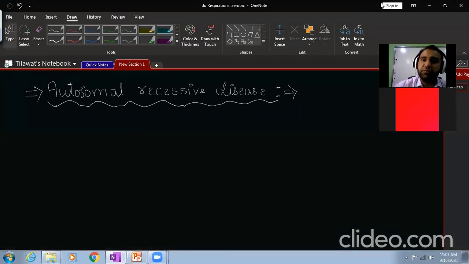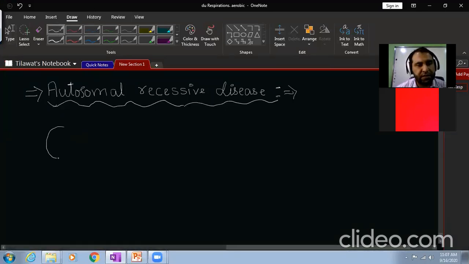Now I discussed with you already that, for example, this is our cell. Here we have 46 chromosomes. Out of these 46, 44 chromosomes are what? Autosomal chromosomes. They are controlling our body characters, right?